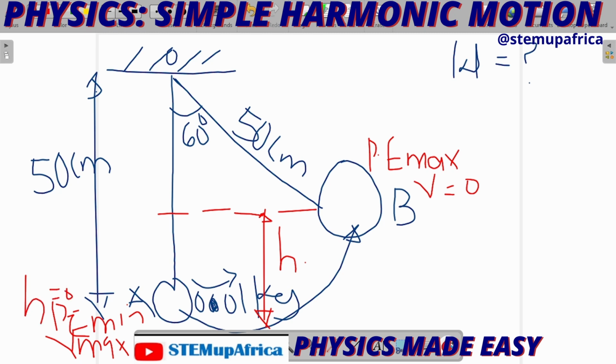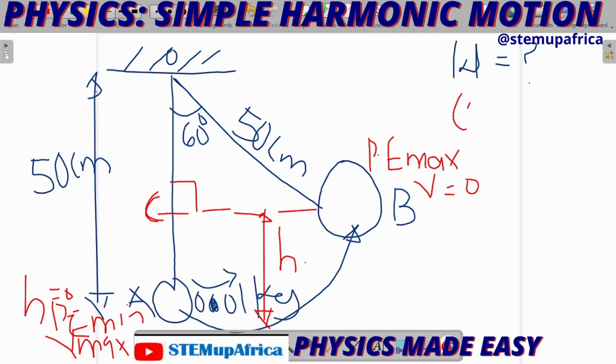So to determine the height at this point, we need to get the height of O to, let me call it point C. Let's get the value of O to C in triangle OCB, where there's 90 degrees. So I'm using adjacent over hypotenuse, that is cos theta.